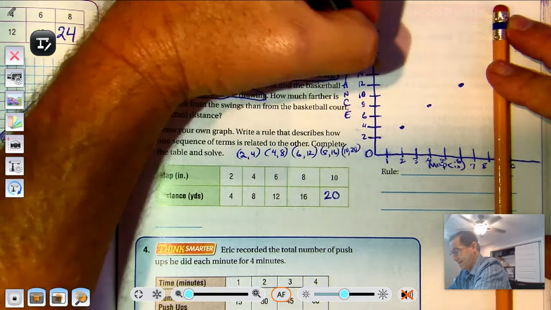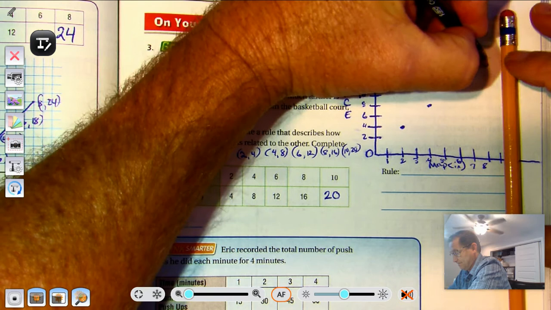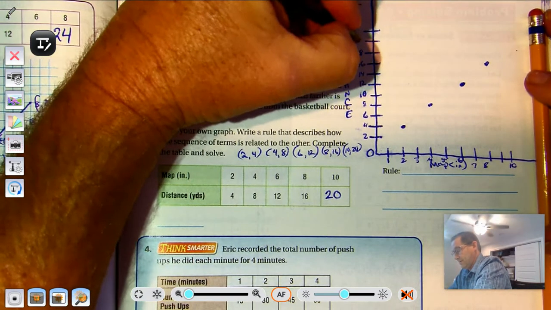Find 8, go right 8, up to 16. And 10 up to 20.